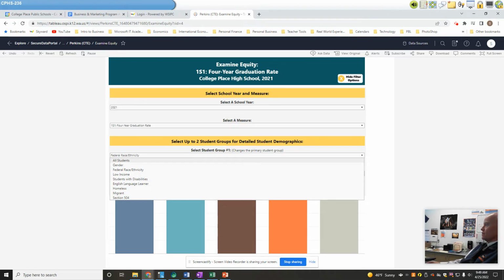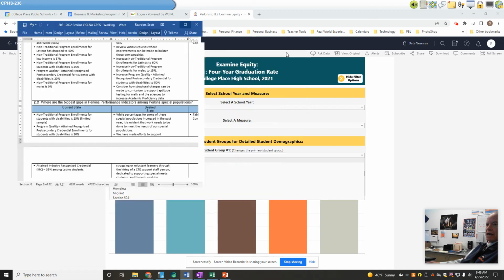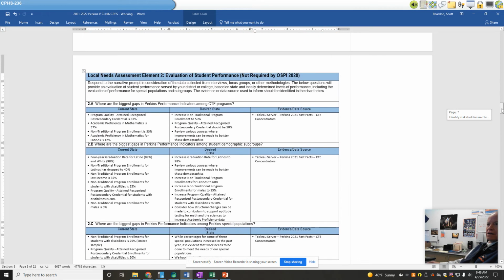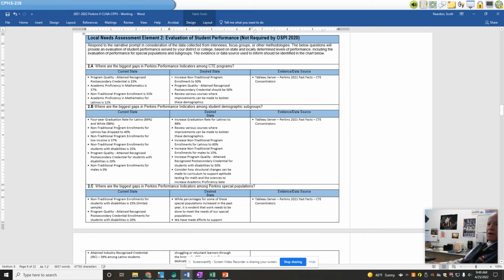What I was doing was completing the CLNA and using that demographic data to drop into these various areas in category 2. There's like 5 different sections of the CLNA. I'm just trying to do this due diligence.